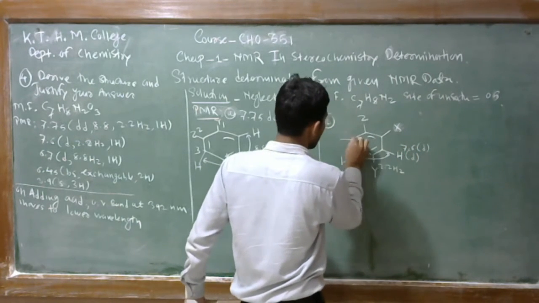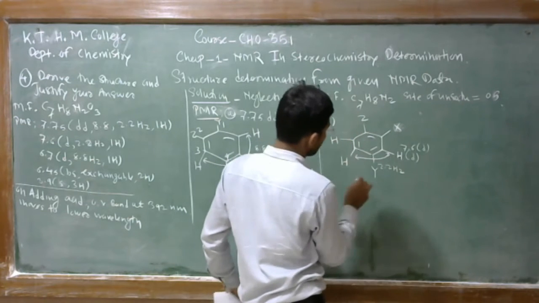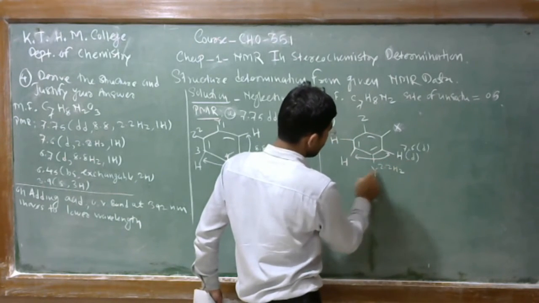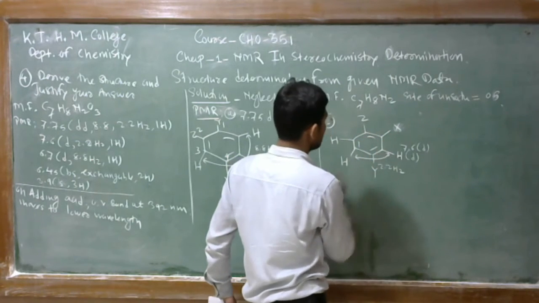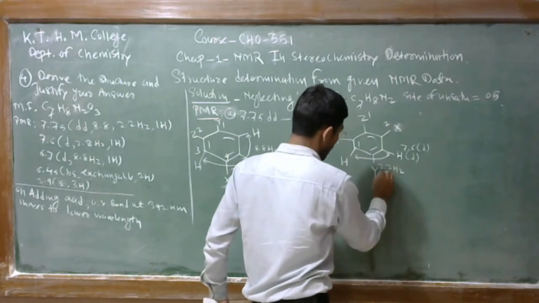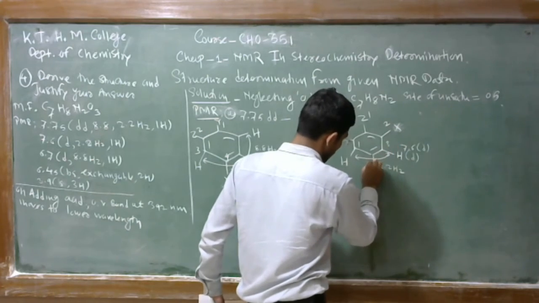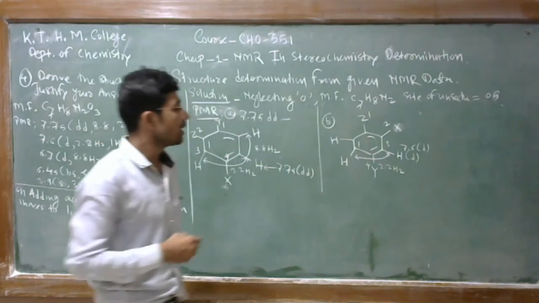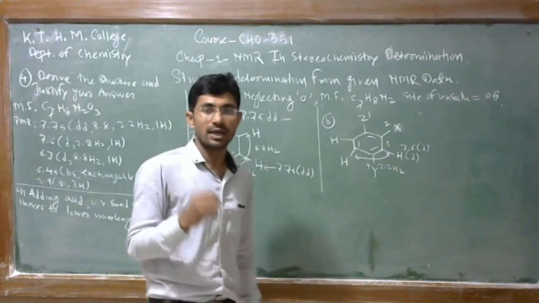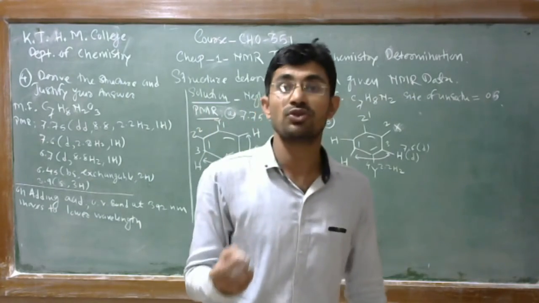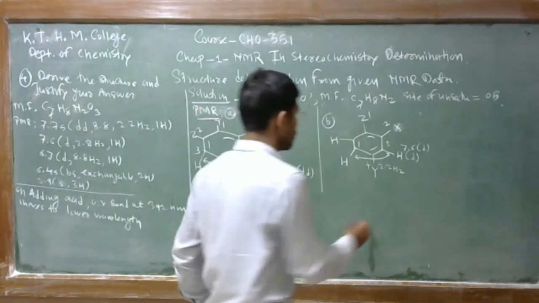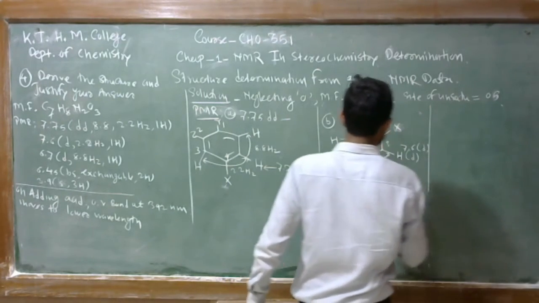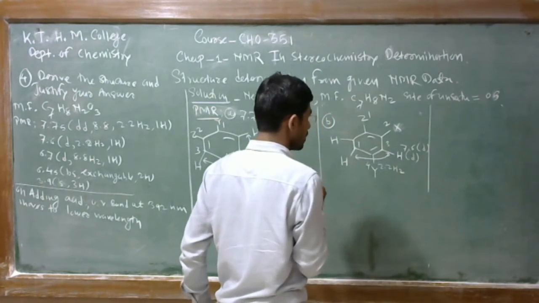So this indicates that in our possible structure, only meta coupling is seen. So X, Y and Z, these 3 groups are present, like 1, 2 and 4. Means this signal also indicates that in our possible structure a trisubstitution pattern is present, which is maybe 1, 2, 4 trisubstitution pattern. Okay. So these are the 2 signals.